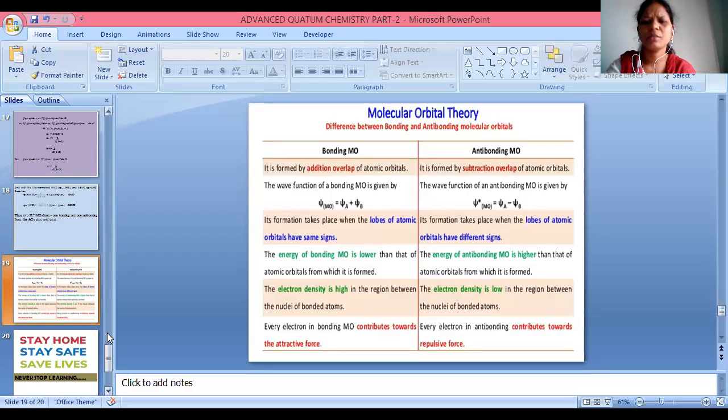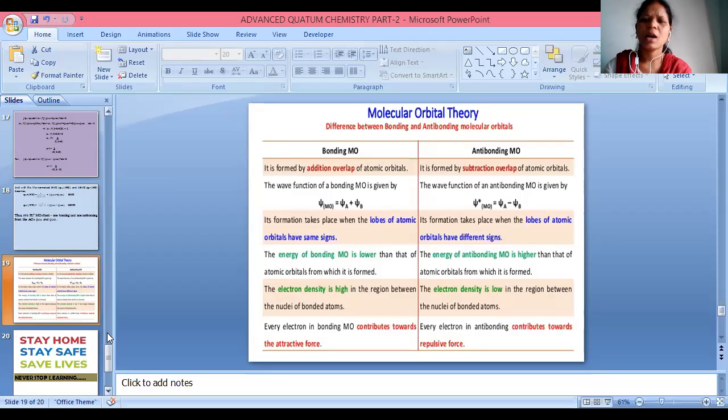Here, I just pointed out exactly what the difference is between bonding and anti-bonding molecular orbitals. Just now we have seen the expression, so this will be helpful. This summarizes the differences.